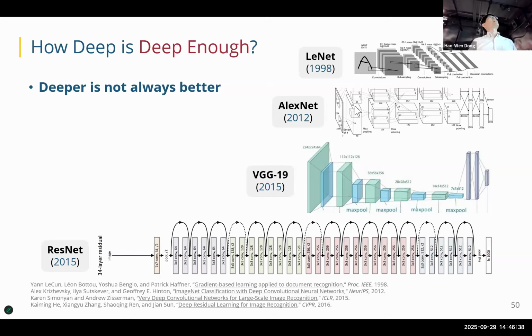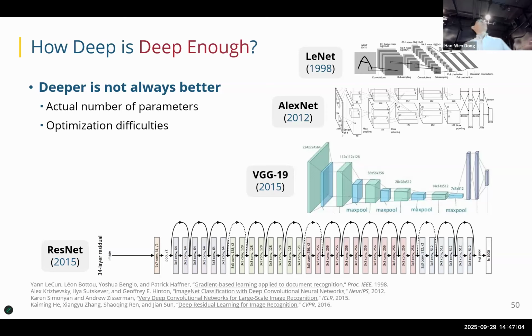And then we have AlexNet, much larger, but still not too bad. VGG19, from around 2015, is still only 19 layers. But now we have ResNet, 2015, a 34-layer residual net. So now everything just goes deeper and deeper. It depends on the actual number of parameters, and there are also optimization difficulties, and it also depends on the dataset.